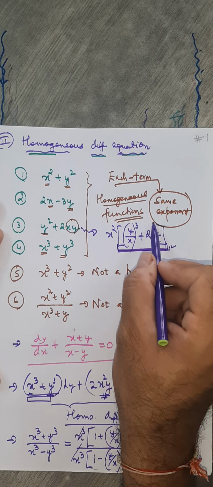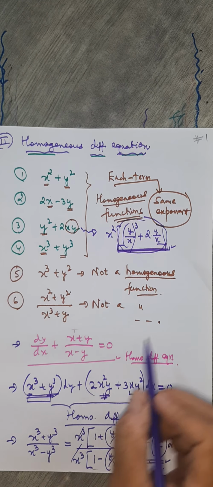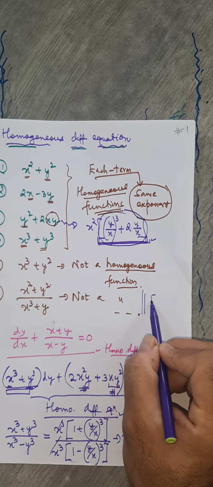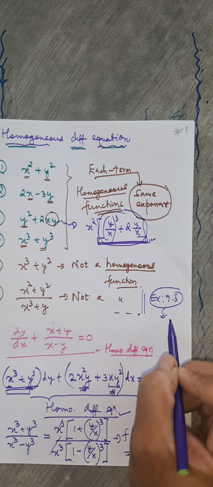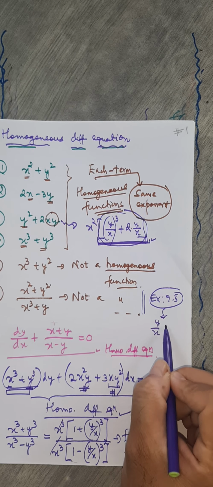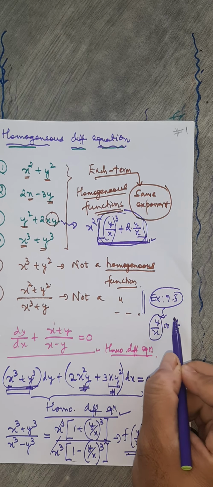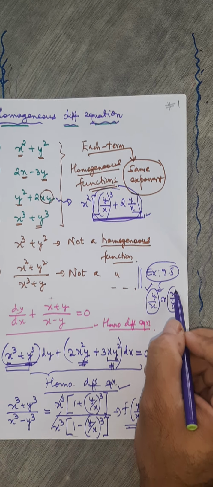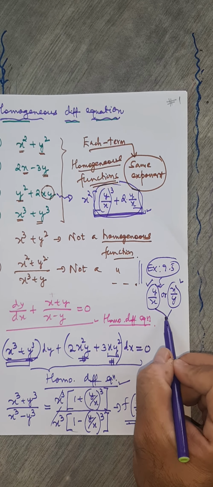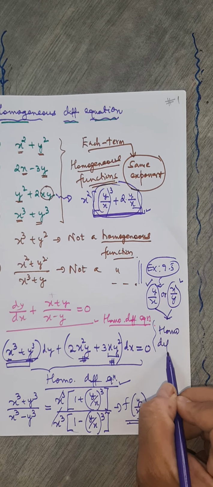Right? So this can be done, remember. Even if you just observe exercise 9.5, there you have some questions involving y by x or x by y. Just have a look. You have functions involving y by x or x by y. That means this is about homogeneous differential equation, remember.